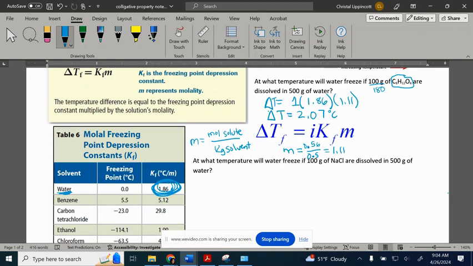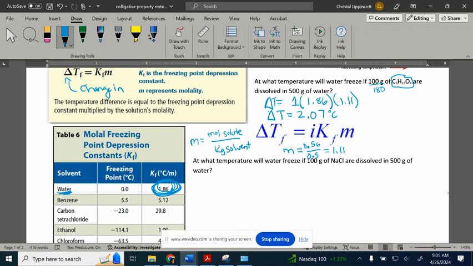Now, what does this delta mean? When you see a delta like this, what does that mean? Do you guys know what that means? It means change in. Okay. So this delta means that our temperature change, and you'll see that all over science. So get used to it. That means that the temperature is going to change by that many degrees. Now, this is freezing point depression.